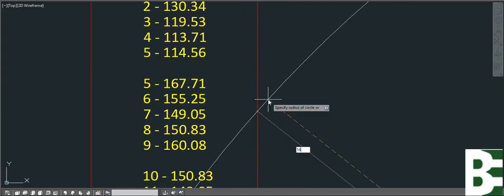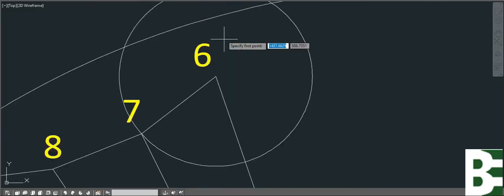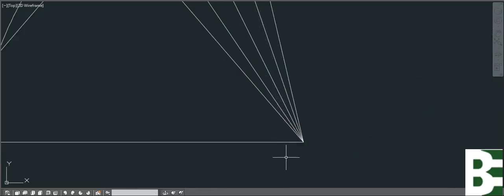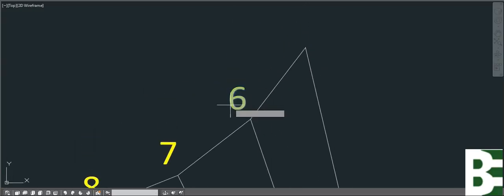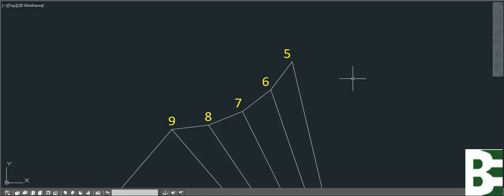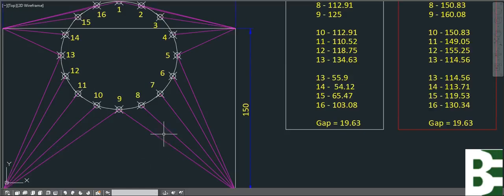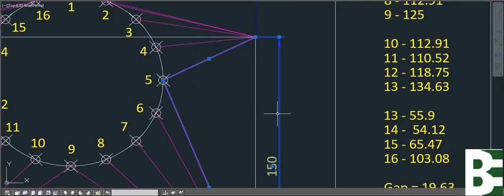From here we need to focus a little bit, because this corner is completed. We have 5 dimensions. Now these are completed. I will go to the next dimension.